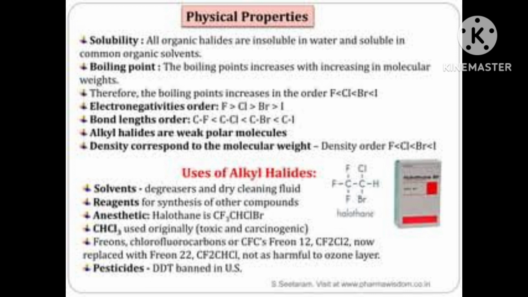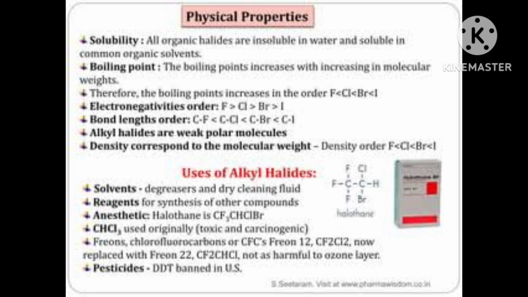Or you can tell 2-bromo-2-methylpropane. That is the compound name I am telling you directly. Here also total 4 carbons are there, but its name is 2-bromo-2-methylpropane, because 3 carbons in a continuous straight line are there, and from the middle carbon one methyl group and the bromine are also attached.